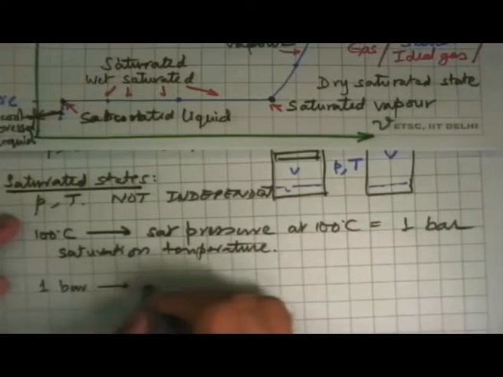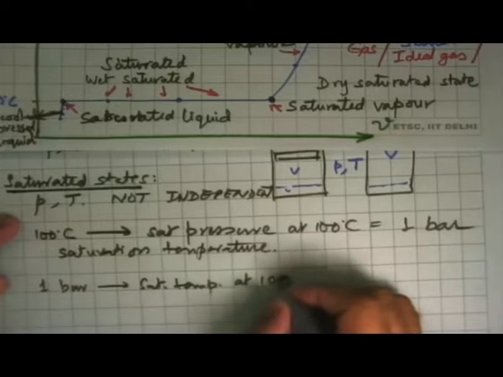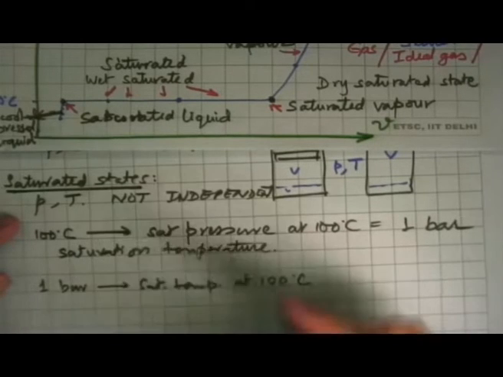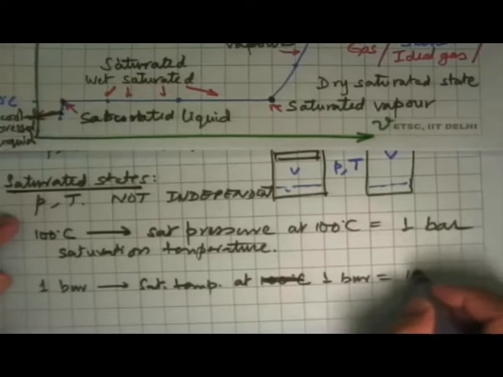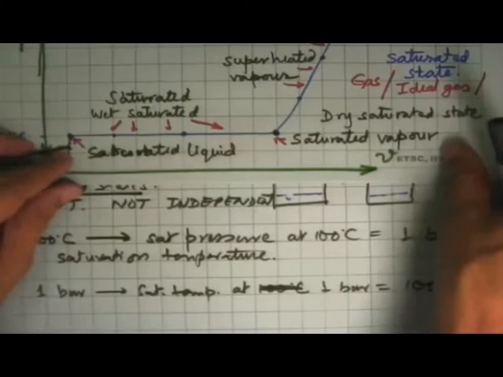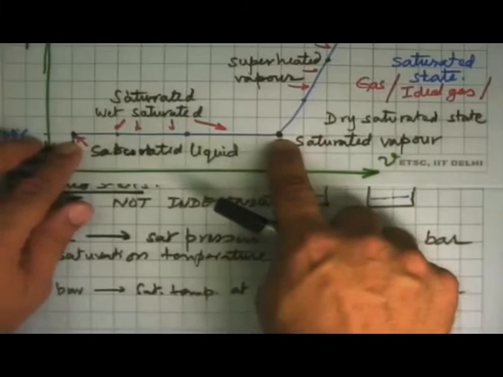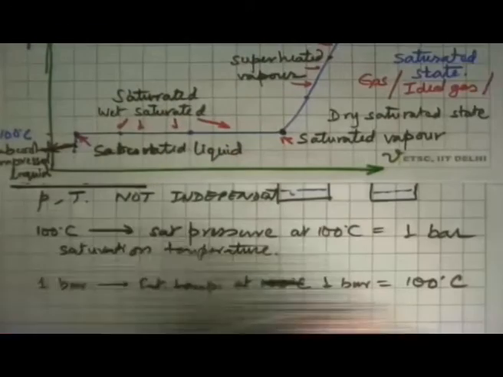Well, for that we ask, what is the saturation temperature at 1 bar, and the answer is 100 degrees Celsius. So by knowing the pressure, we can know the corresponding temperature at which a saturated state can occur, which means that it could be either saturated liquid, saturated vapor completely, or any mass mixture of these two. So this is what is happening.